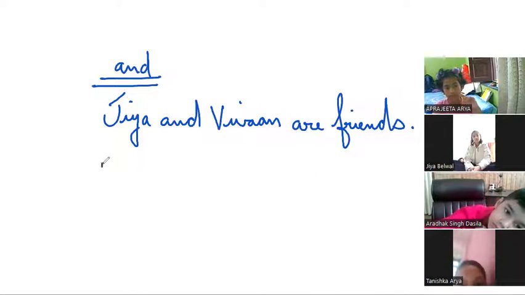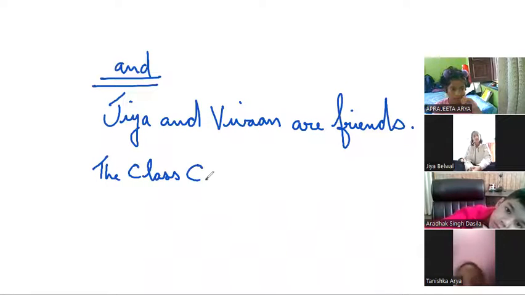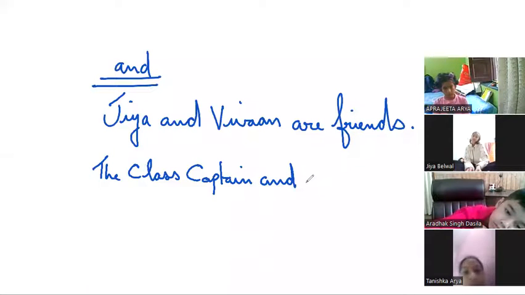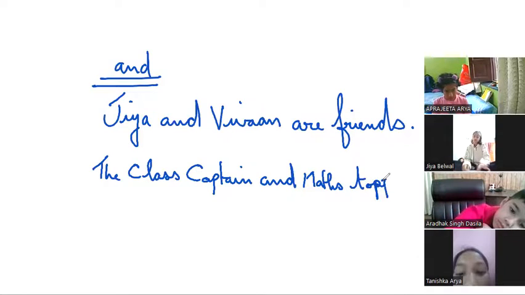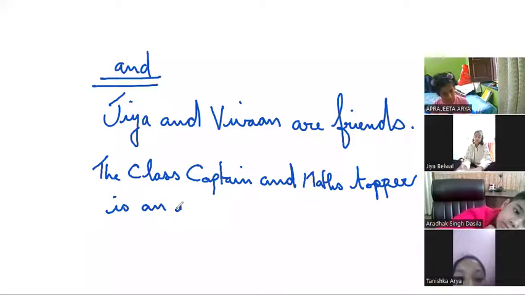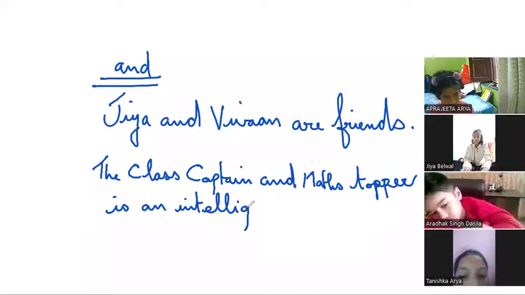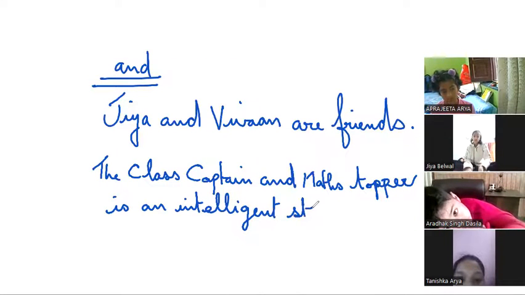For example, if I say the class captain, see, I'm writing class and captain both in capitals. Why? Because I'm referring to a position. The class captain and maths topper is an intelligent student.